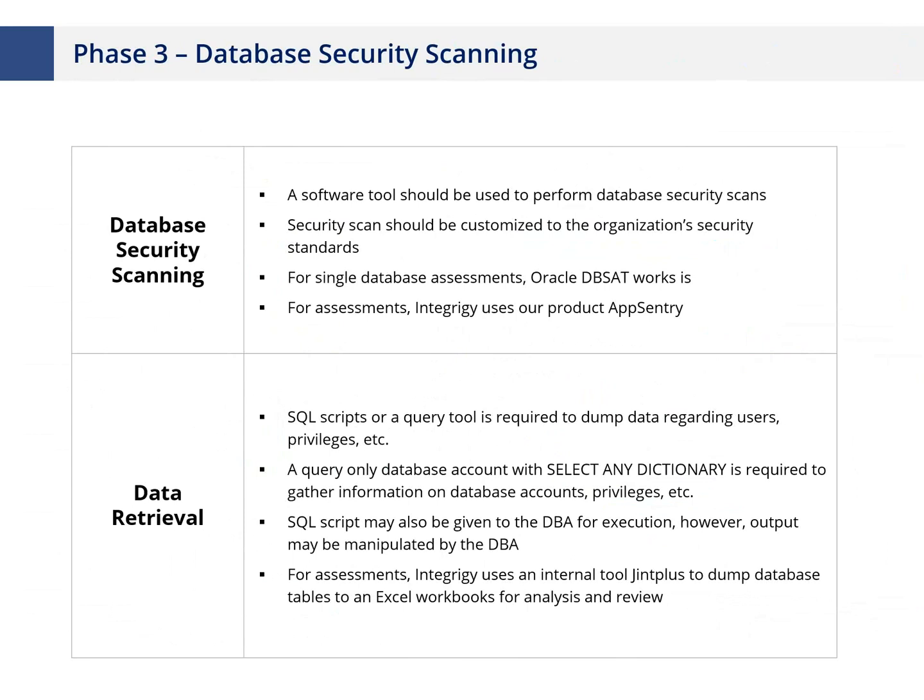Integrigy uses a combination of our AppSentry tool and an internal tool we call JInt Plus, which takes all the queries you put into it and dumps the information into Excel workbooks for us, then we can do the offline analysis and work through it, do crosstabs, and do a very in-depth analysis around privileges, database accounts, things like that, so you can get an understanding of how the information is actually accessed and those types of things.